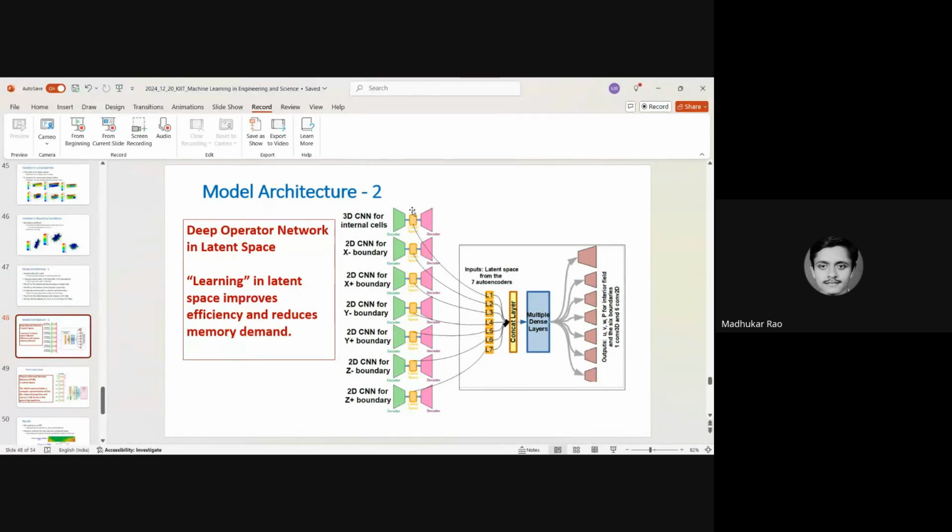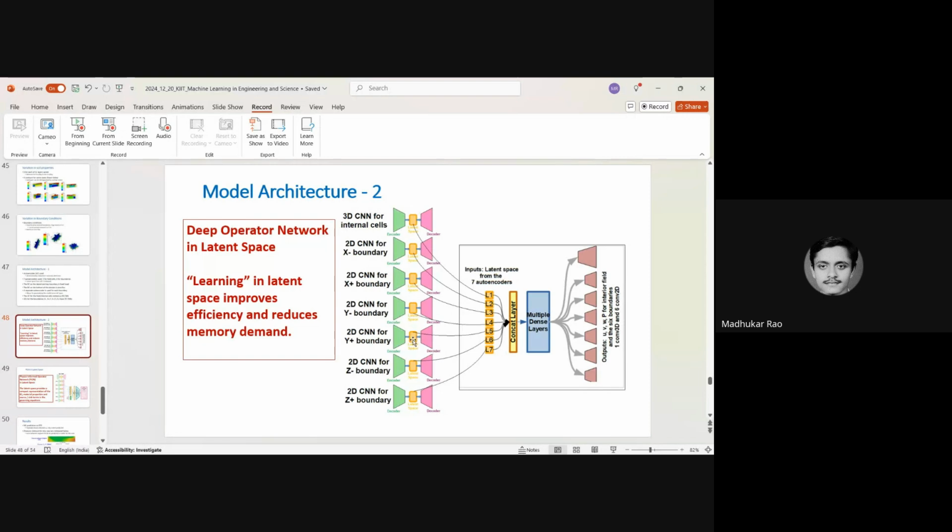So you can see we have 7 autoencoders, each with many layers, and the latent space from each one is taken out and fed into multiple layers. So it's a very deep network and took several days, actually more than a month to train. And then the output is distributed back to the field points.